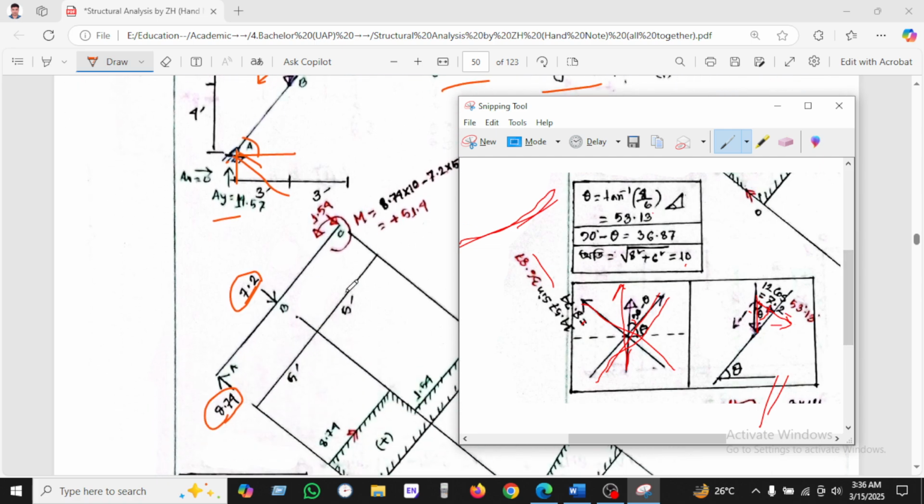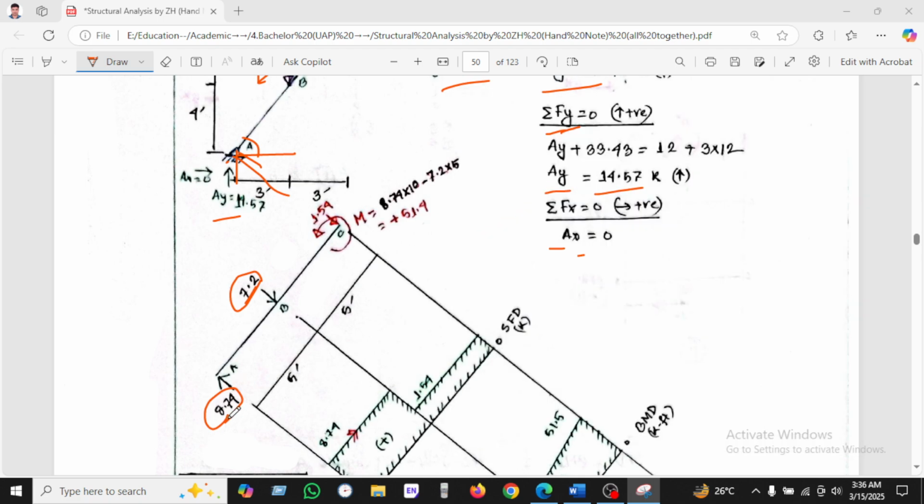Okay, so we know the 8.74 is upward and 7.2 is downward, so we need 1.54 downward for balance purposes. Now we calculate the moment here, so after calculating 8.74 into 10, 5 into 5 into distance, and 7.2 into 5, we found the moment is positive 51.4.